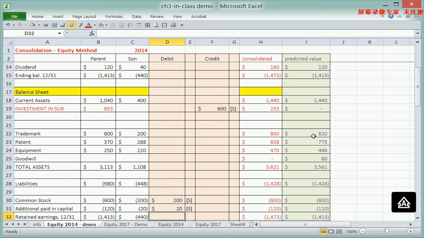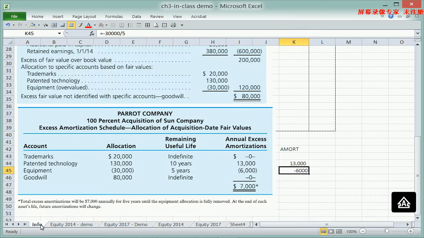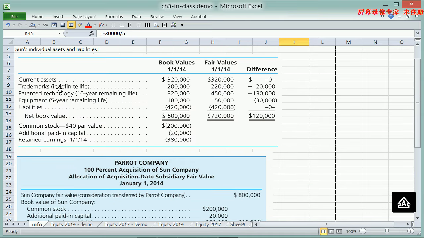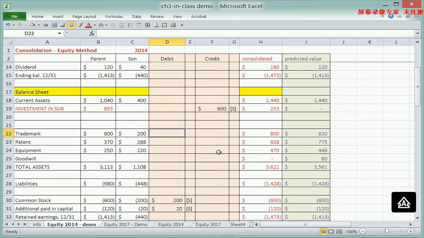The trademark should be 820, but if we add the P and S, it's only 800. So that means we need to restore the fair value to the book value. If you look at here or here, you can see the trademark has the positive 20 as the fair value difference. So let's add 20 to the trademark.